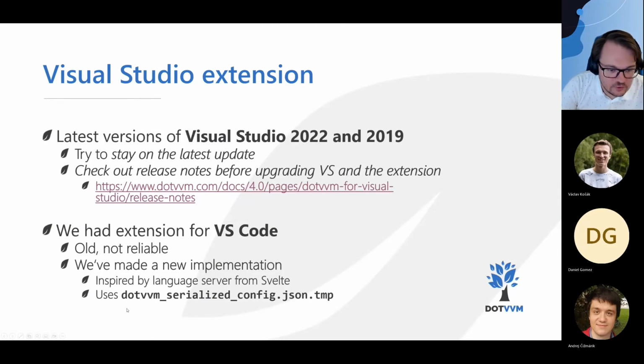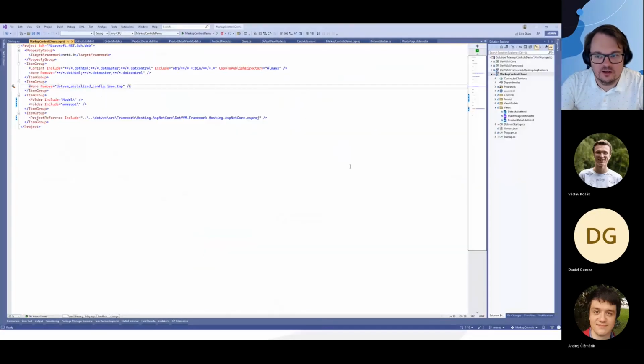The trick we are doing is that if you run your DotVVM application in debug mode, then on startup it will emit all the configuration and all metadata for this IntelliSense into this file. So we can look in this file.